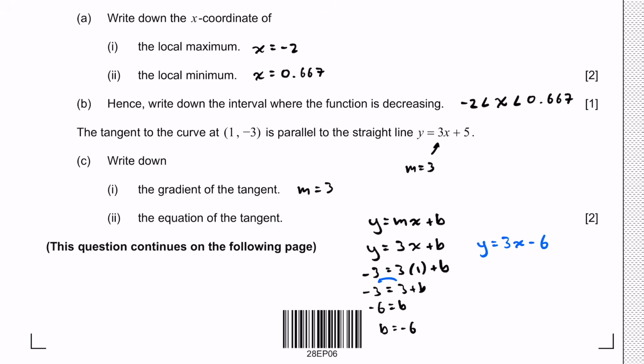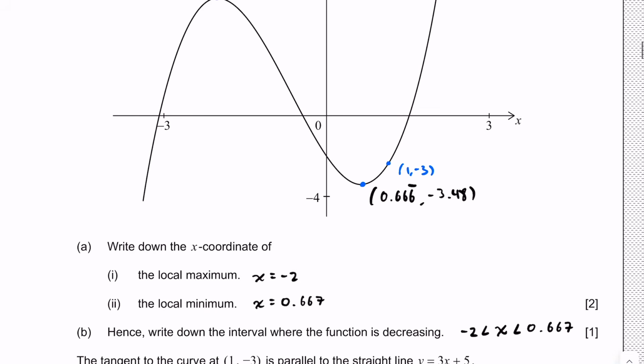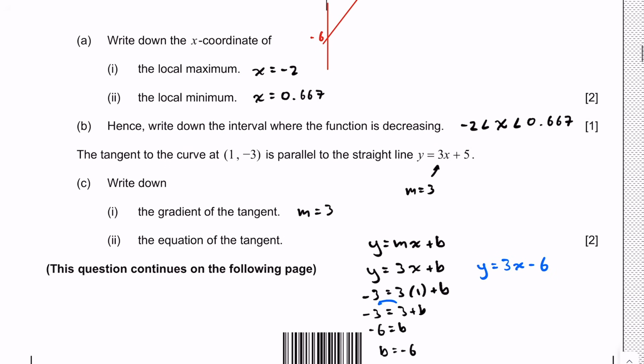So we have 3x minus 6. And that would be our answer in this case. Looking back at this, if we wanted to, here's our tangent line. Imagine that it is just touching this line, and it looks like a y-intercept of -6 looks pretty good. So there it is.